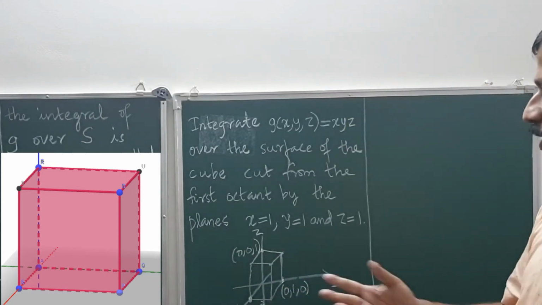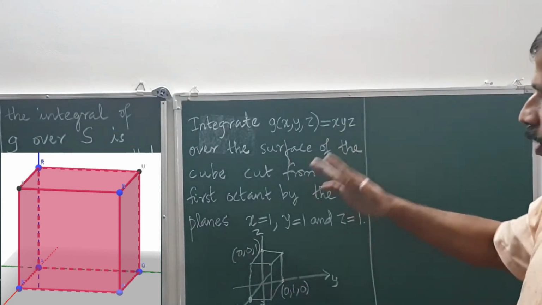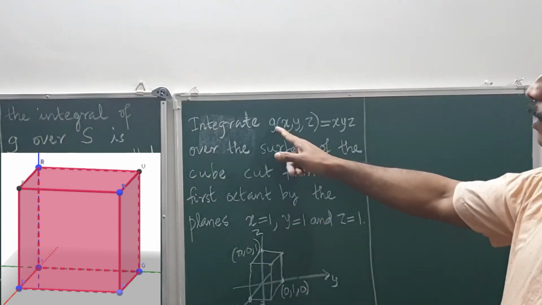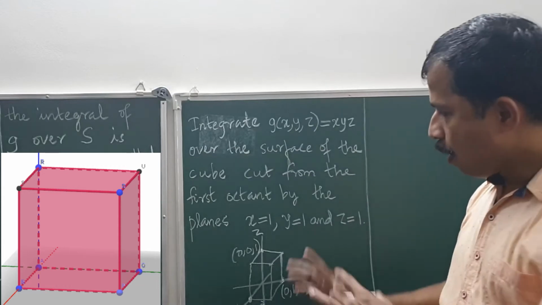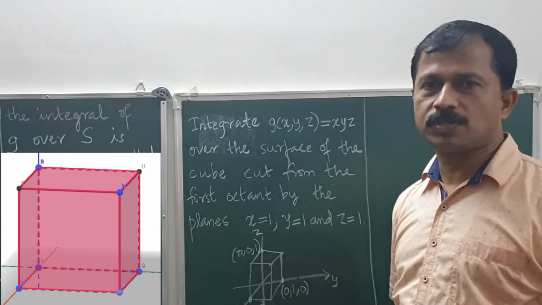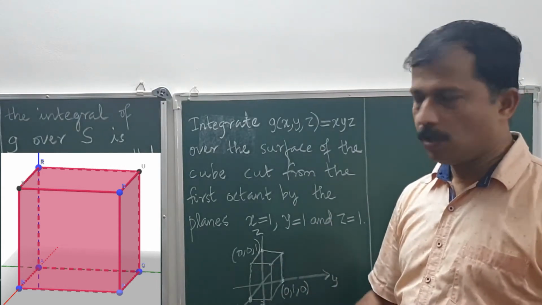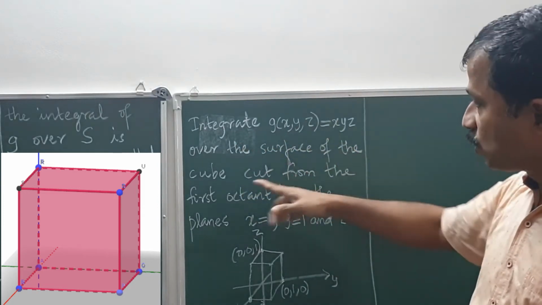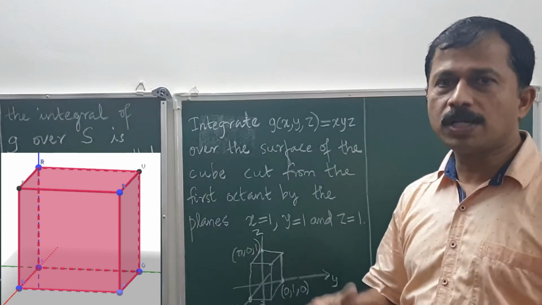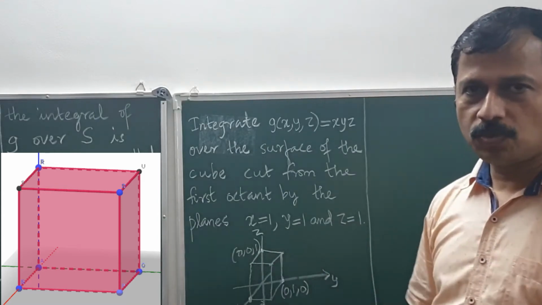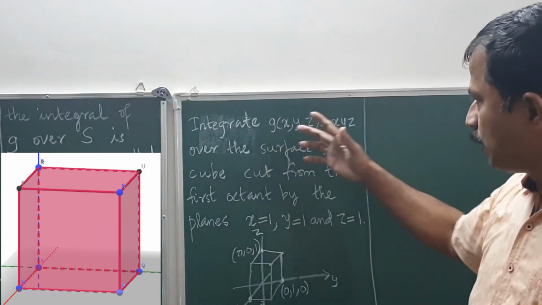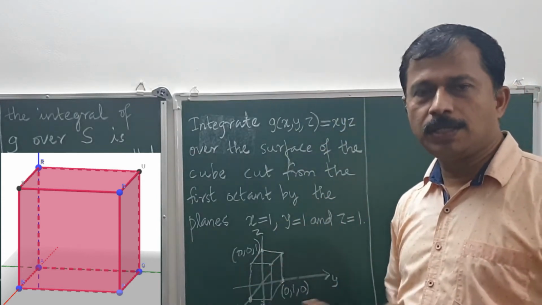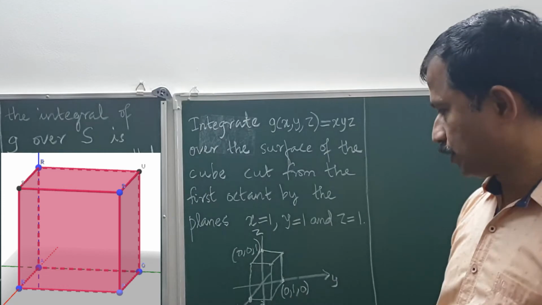There are 6 faces for this cube, and we are interested in finding the integral of the function g over the 6 faces of the cube. We are asked to find the integration of the function g over the surface of the entire cube. The cube has 6 faces, so we have to find the integral along each of the 6 faces.